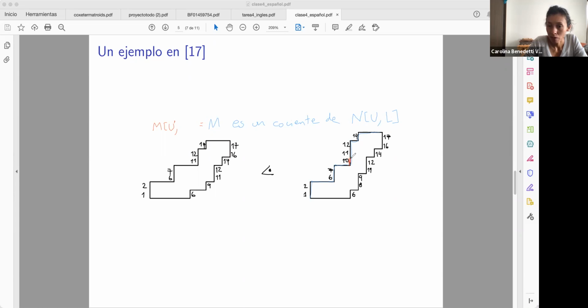So here I'm going to mark 10. And similarly, L prime, the lower boundary, is obtained from L by deleting one label as well. And the label we deleted in this case was 8. And so given this, how can I conclude that M is a quotient of N?